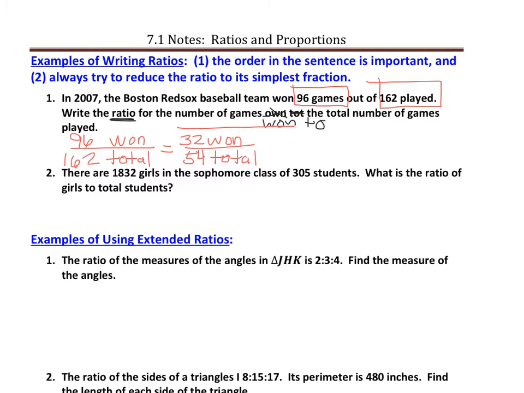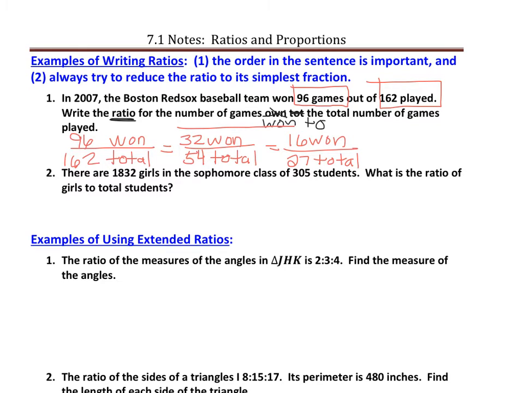And you could keep going here, I guess. One more time, I'm going to divide both sides by 2, so that would give us 16 wins to 27 total. So for every 27 games, the Boston Red Sox during that year won 16.